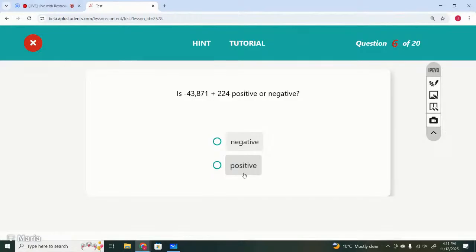The greater number has a negative sign, so the answer must be negative. Option number 1 is the correct option.